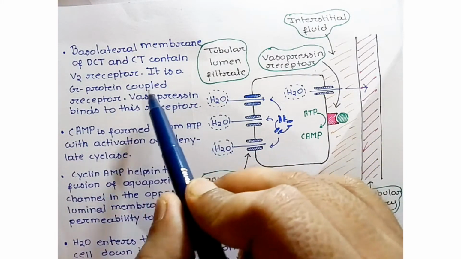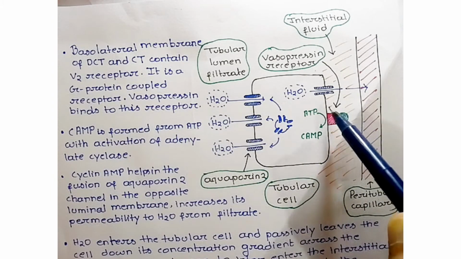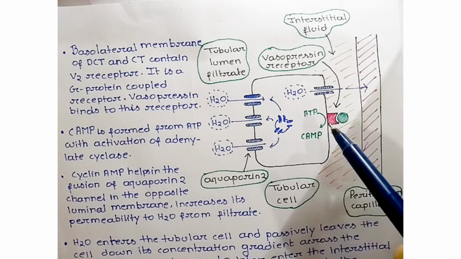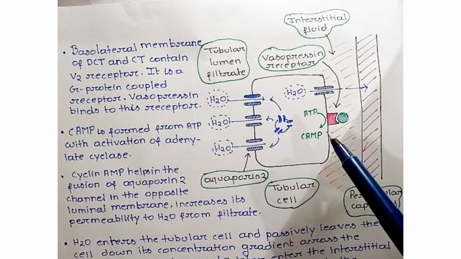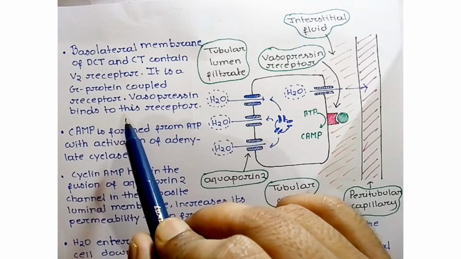It is a G protein coupled receptor. There is a G protein that helps in the activation of several other proteins. So vasopressin binds to this receptor.